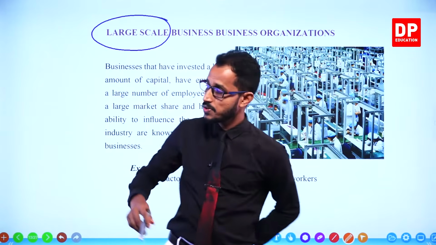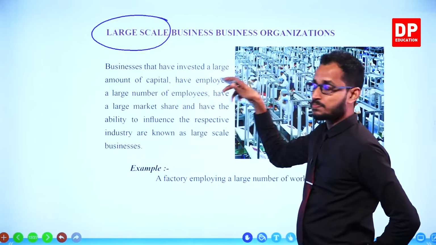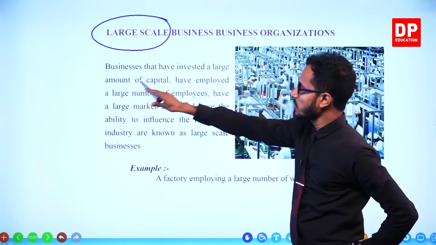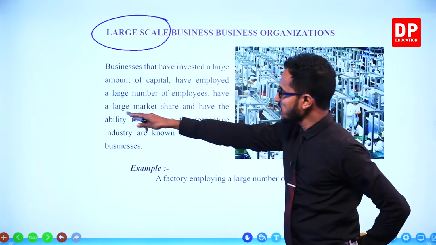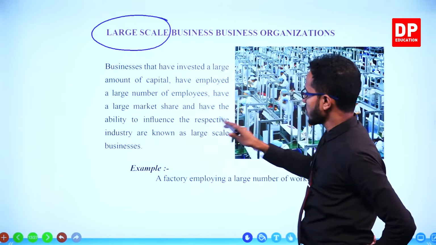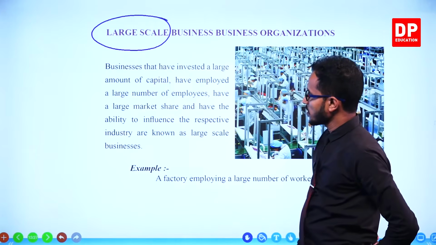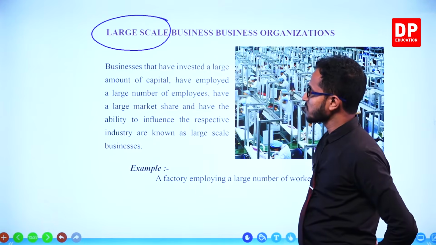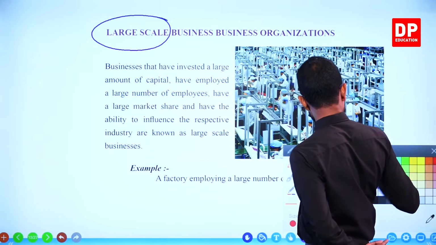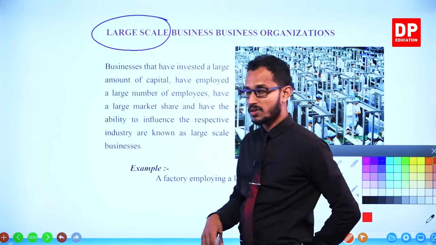Large scale, children. Text. Businesses that have invested a large amount of capital, have employed large number of employees, have a large market share, and have the ability to influence their respective industry are known as large scale businesses. Was that too fast? I'll point out the important things.